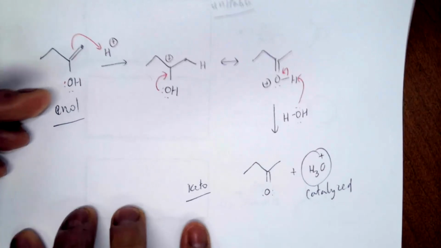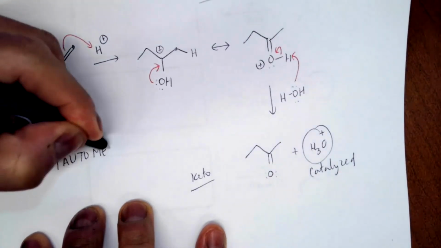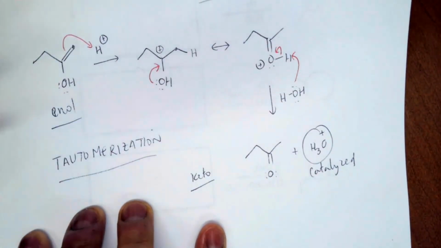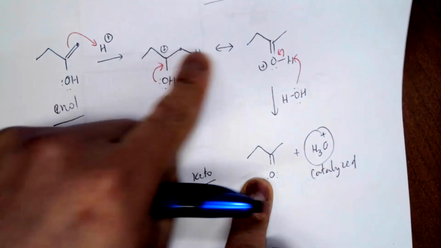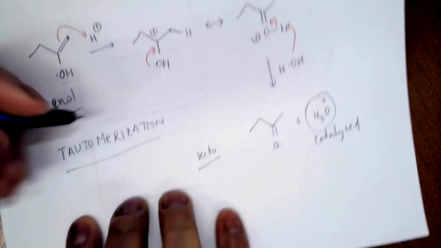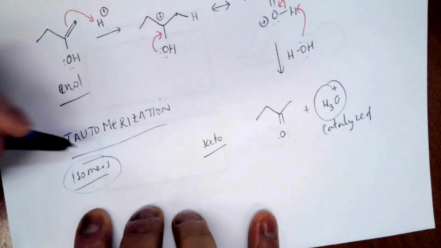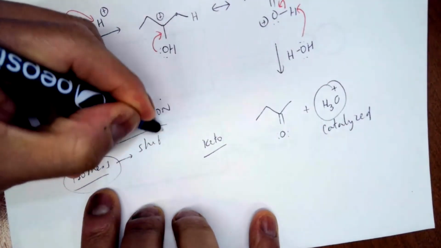Now, what is tautomerization? In this case, this keto and this enol are called tautomers. The process is called tautomerization. Tautomerization means the conversion of two isomers, where two isomers can be converted by just moving or shifting a hydrogen.